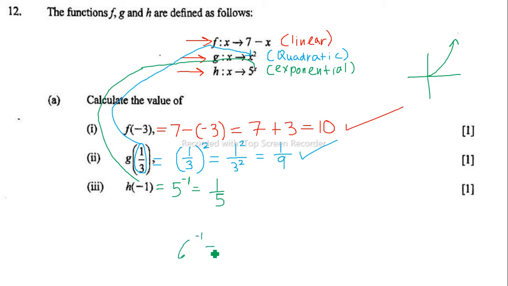So 6 to the -1 is 1 over 6. 7 to the -1 is what? 1 over 7. So same thing. 5 to the -1 is 1 over 5. And if you want to express that as a decimal, it's 0.2.